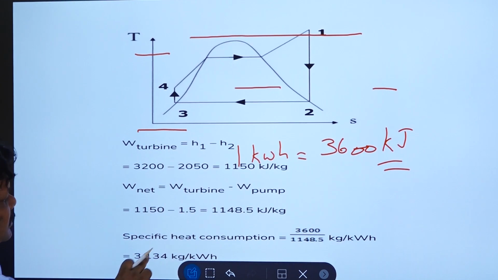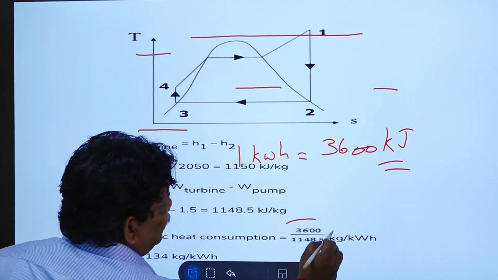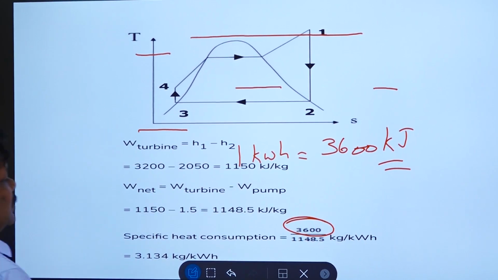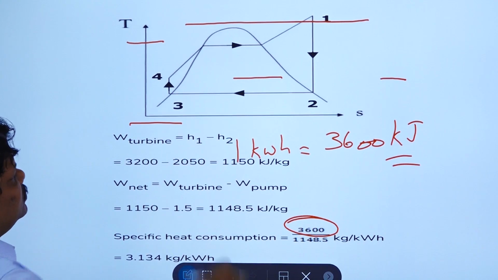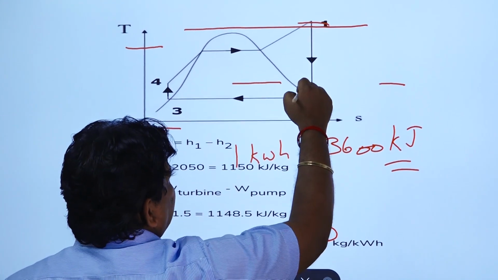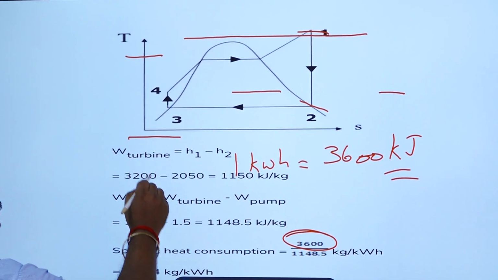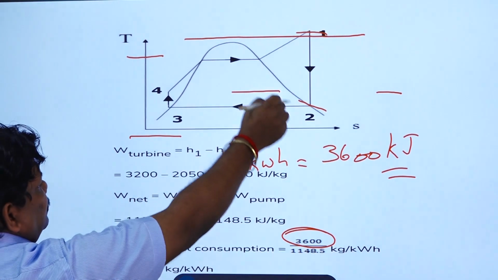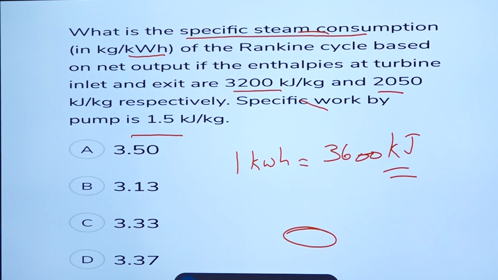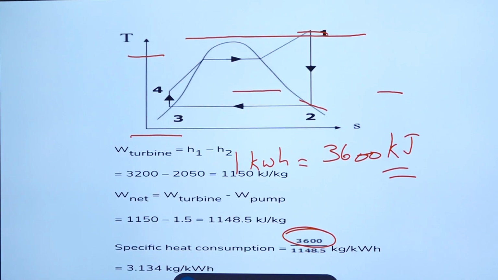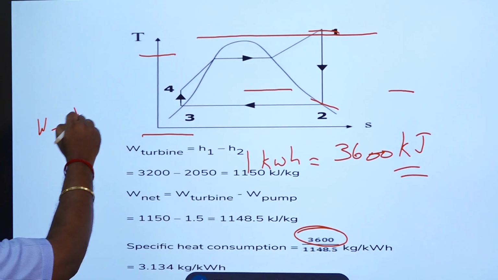So the specific steam consumption is 3600 kilojoule per kilojoule. You should know the work done by the turbine. The work done by the turbine is H1 minus H2, which is 3200 minus 2050, that is 1150, and the net work is WT minus WP.